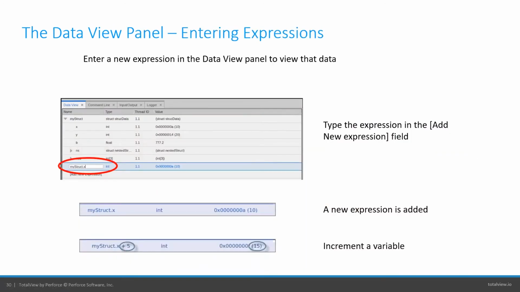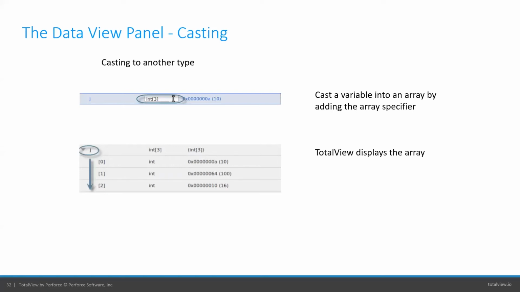Also, you can do a little more advanced stuff. You can set an expression, you can do numerics or function calls, and I will show more examples in the breakout session. If you have an array in C, usually it's not a lot of information. You need to transform it to an array, and TotalView will allow you to do it by simply typecasting into another type.